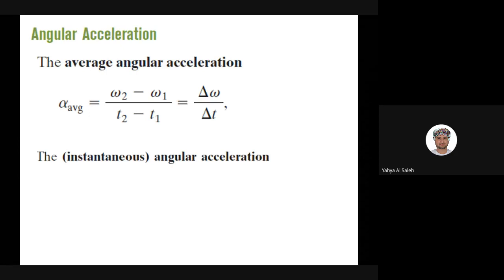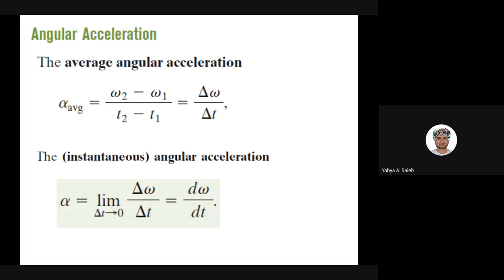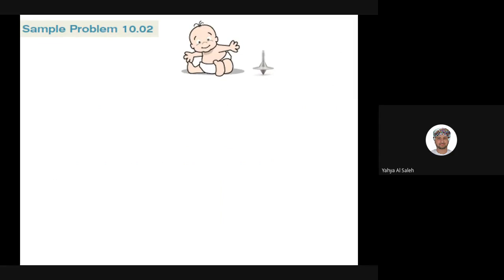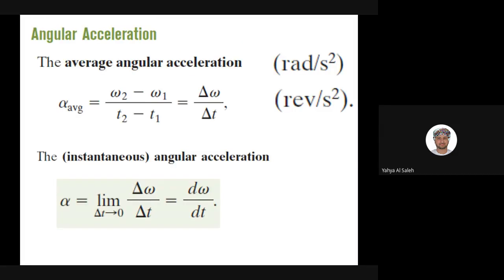The instantaneous angular acceleration will be given by d omega by dt, just like for linear variables, it's given by a equals dv by dt. For linear variables, we have meters per second squared. Here we have radians per second squared.